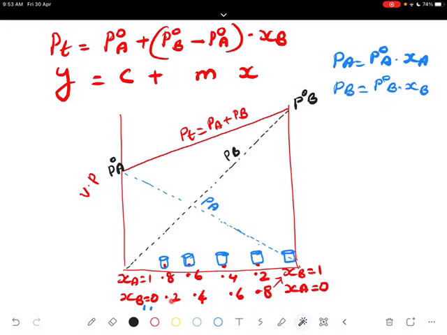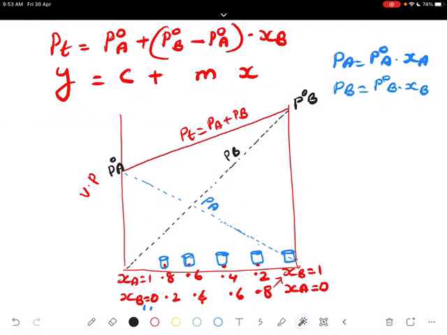Now in this case, here XB is 0. We can start from here. XB is 1 means pure vapor pressure. Now in this mixture it is less, so accordingly the vapor pressure decreases. In this mixture, from 0.8 to 0.6, it is decreasing, so PB is decreasing.